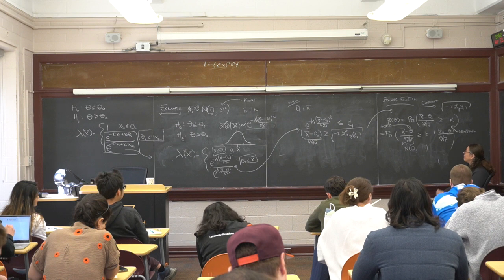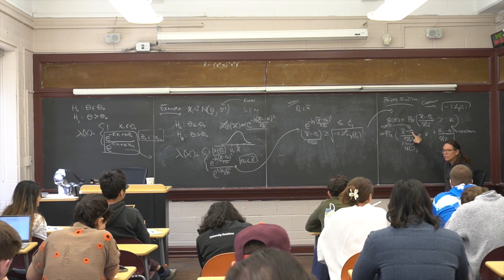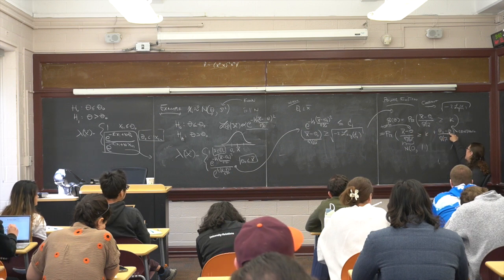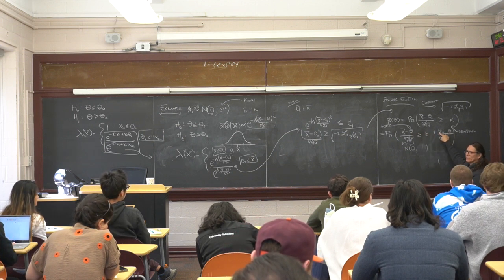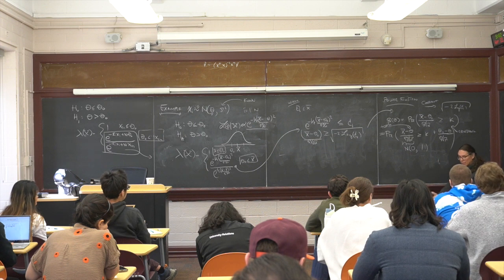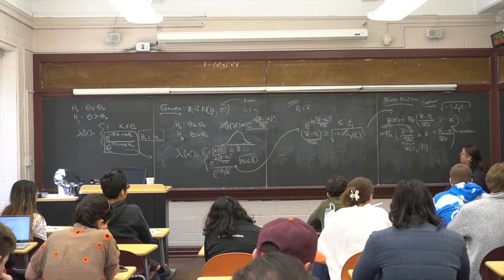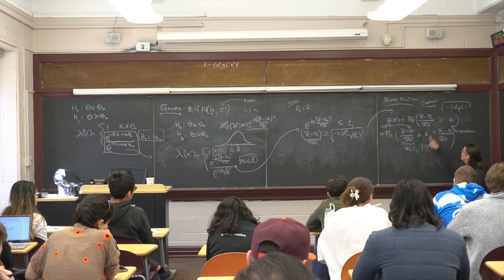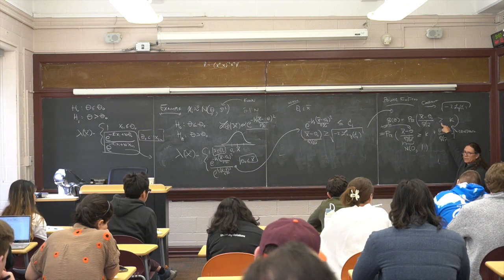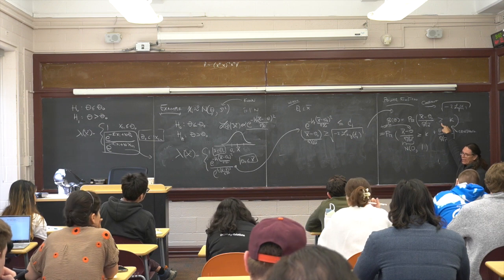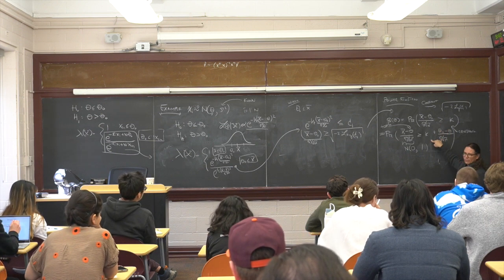You can kind of imagine if theta naught was the true value, I'd plug that theta naught in right here, and that theta naught would subtract from that one, and this would be 0 right here. I get back exactly the same thing. So under the null hypothesis, the distribution looks like that. Under any old theta, the distribution looks like this.